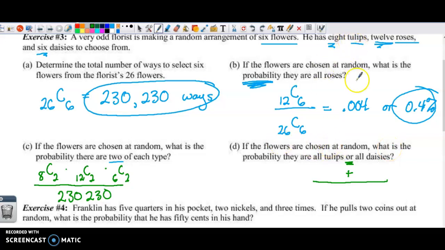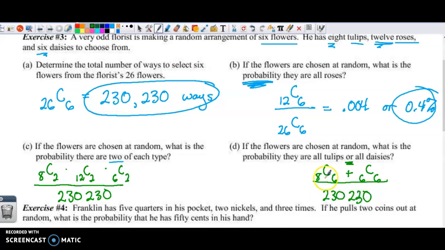So when we look at the tulips, there's 8 of them, and we want all 6 of the flowers we choose to be that, or we have 6 daisies, and we want all 6 of the flowers to be those. And pretty clear that that answer is going to be 1 over your sample space.